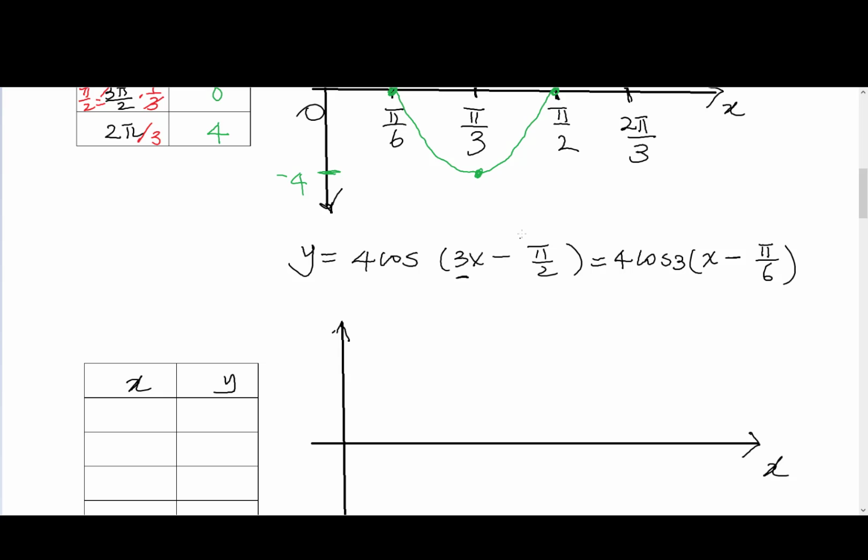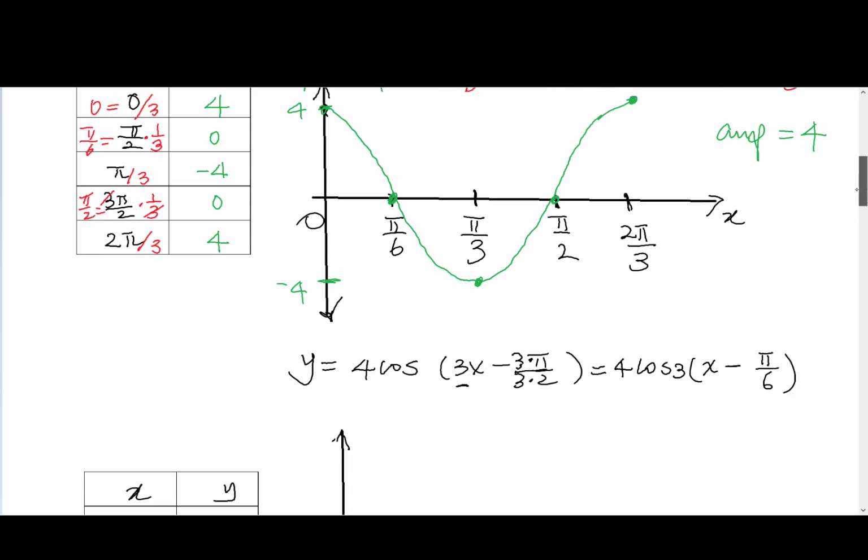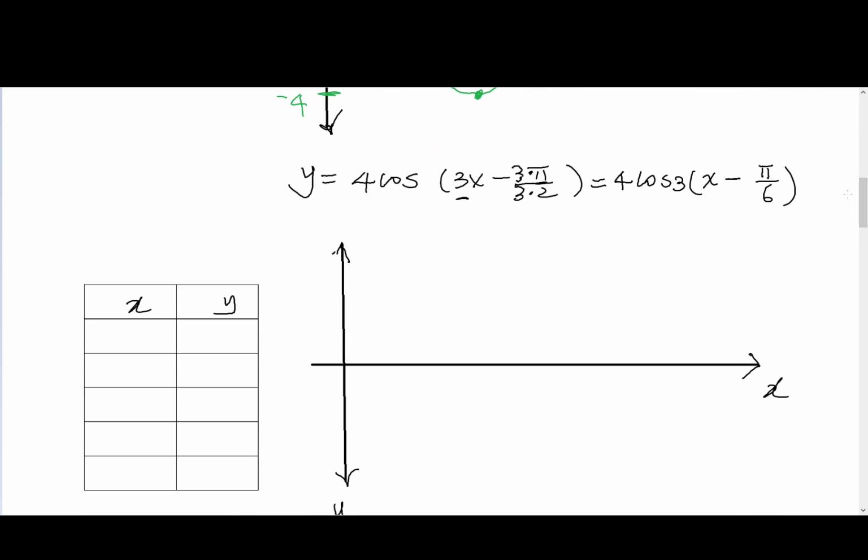When factoring 3 out, one thing you can do is multiply 3 on top and 3 on the bottom, then factor 3 out, and 3 times 2 gives 6 in the denominator. So pi over 6. The graph of y equals 4 cosine 3x is shifted to the right by pi over 6. Each of these x values is shifted to the right by pi over 6. So 0 plus pi over 6.